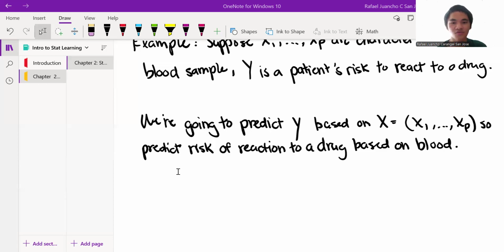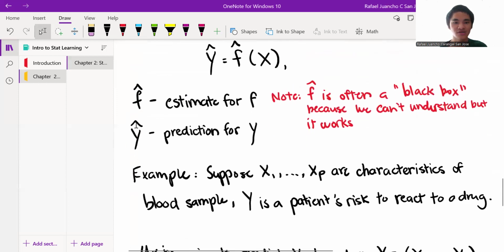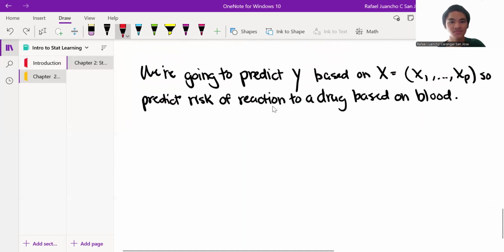So if you want to predict Y, that's the goal, we're going to use that Y with the arrow. The accuracy of that Y with the arrow as a prediction for Y depends on two quantities, which we will call the reducible error and the irreducible error. So what does that mean?